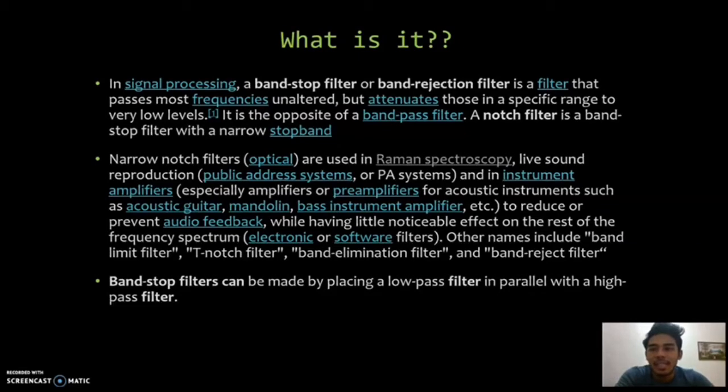First, in signal processing, a band stop filter, or we can call it band rejection filter, is a filter that passes most frequency unaltered. Unaltered means tidak berubah, but attenuate means melemahkan, something like that.